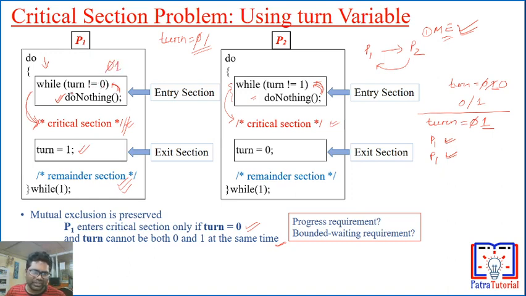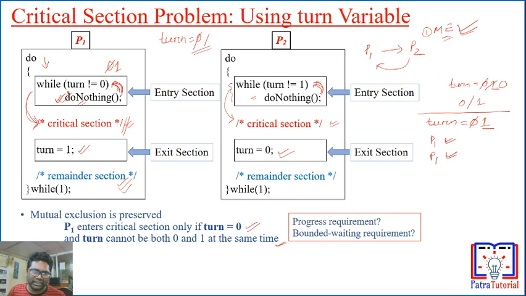So this condition is satisfied, so it will execute this part, do nothing. Again it will check while turn is not equal to 0. Yes, again it will do nothing and come here. Since the value of turn is 1 right now, and that will only be updated by P2, and P2 does not want to go to the critical section, P1 will be in the waiting state, in this loop only.